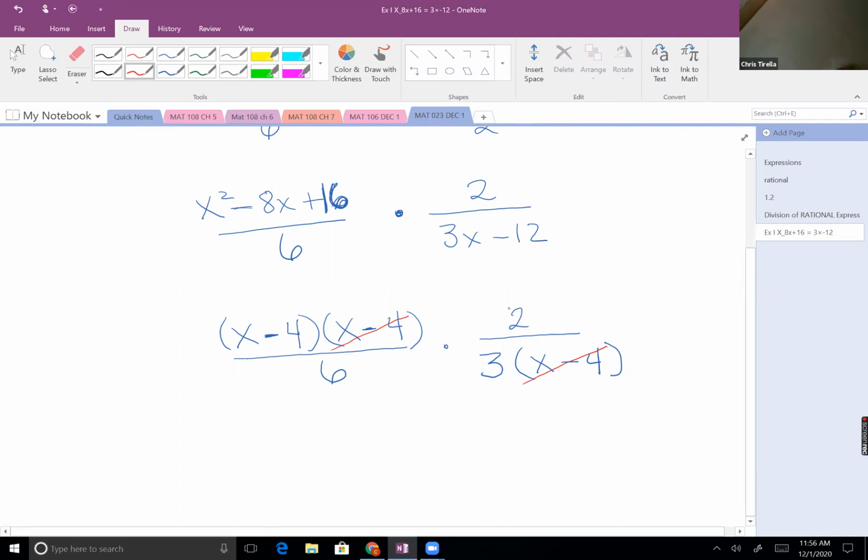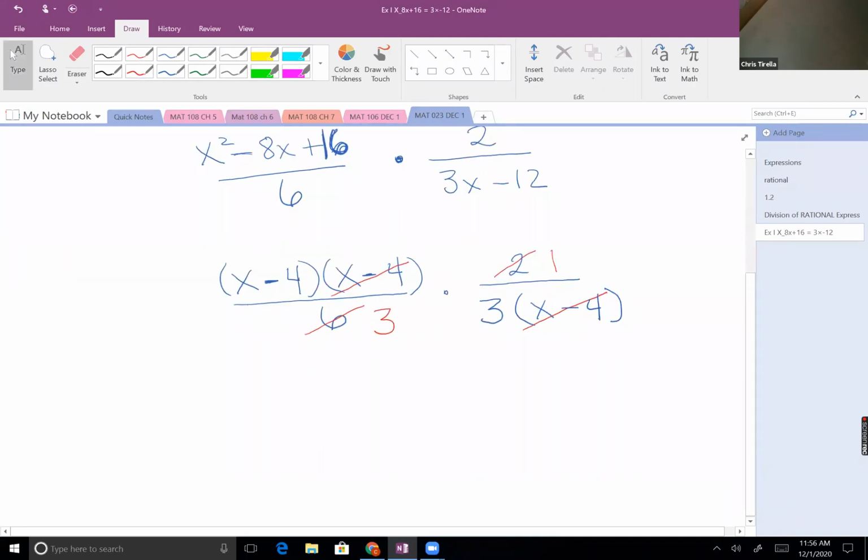And I look at this 2, and I see it as a common factor with the 6. So 2 divided by 2 is 1. 6 divided by 2 is 3. And so now when I multiply across, in the numerator, I'm left with x minus 4. In the denominator, I have 3 times 3 or 9.